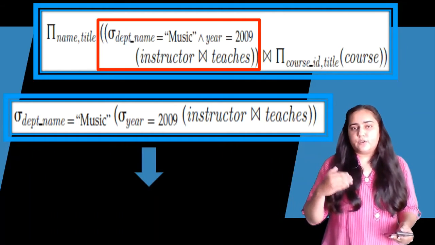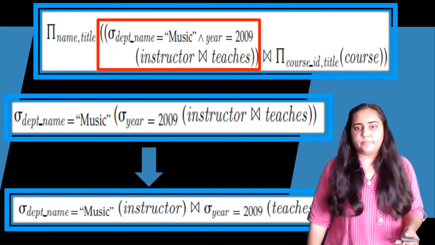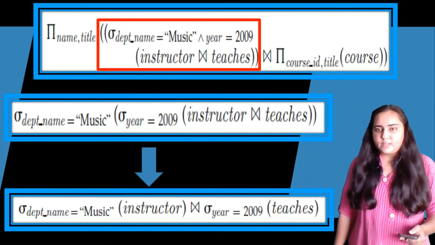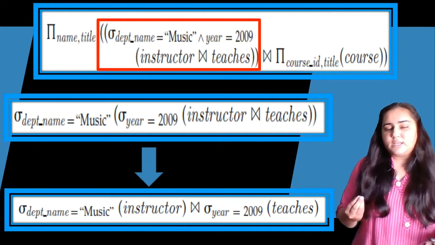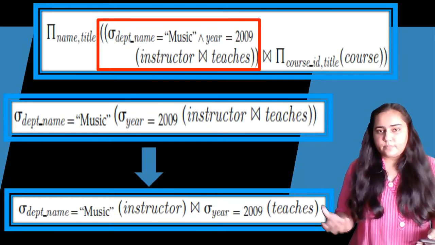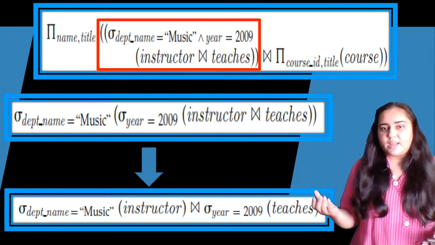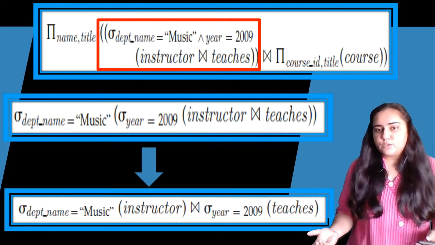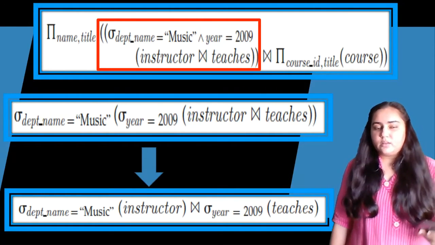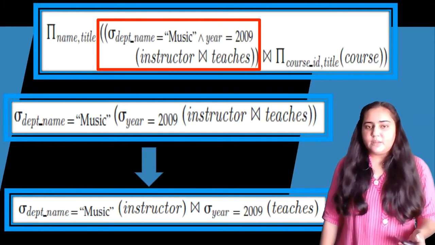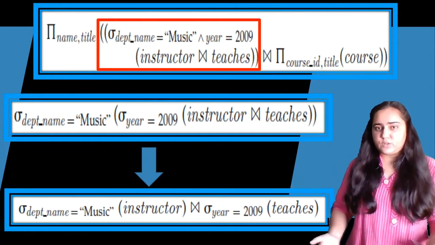Now I can transform this into this. So what is happening in this case? I have done sigma dept name equal to music on instructor and applied sigma year equal to 2009 only on teachers. Now, why would I do that? Because the department name column belongs only to instructor.